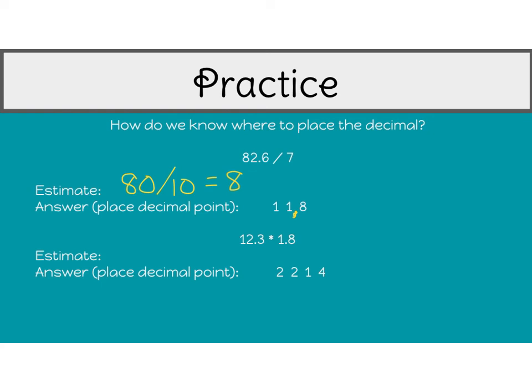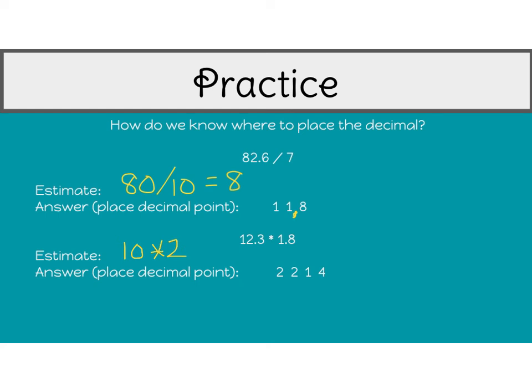So now let's take a look at the second problem. We have 12 3/10 times 1 8/10. If we take this problem and we estimate, I am going to do numbers that I can do easily in my head. So I'm going to change 12 3/10 to 10. And we're multiplying times 2.